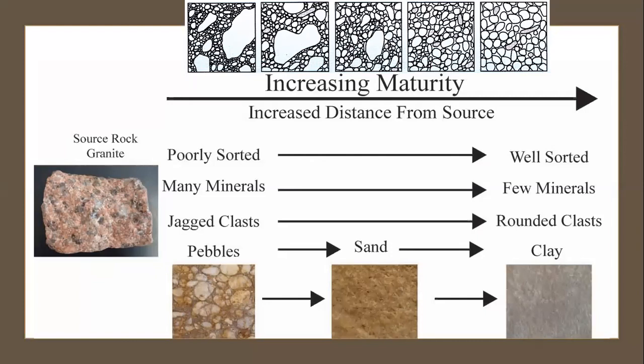And this idea of maturity is pretty much how well sorted the grains are within the sedimentary rock. If you look at the picture above where it says increasing maturity, that should look familiar because it's the last picture, just flipped.